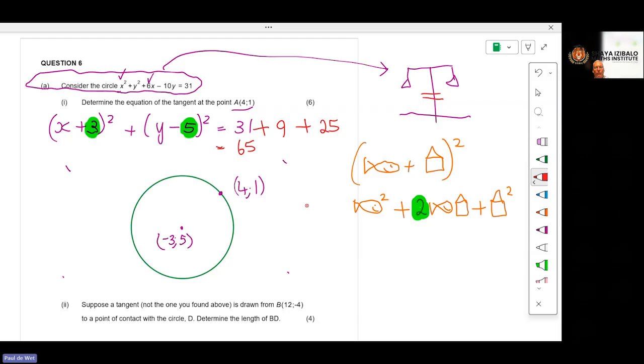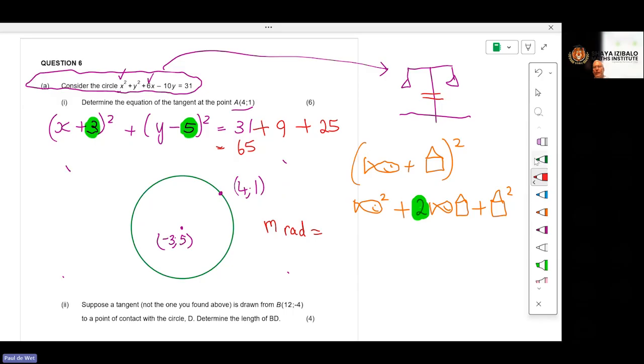We're going to calculate the gradient of the radius. Okay. Let's write down what we're doing here. So the gradient of the radius equals what? Is this point over here? Guys, this 4, 1 is looking like a positive gradient. Something's gone wrong.